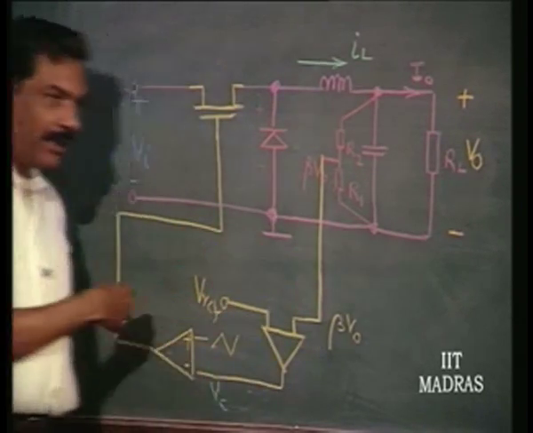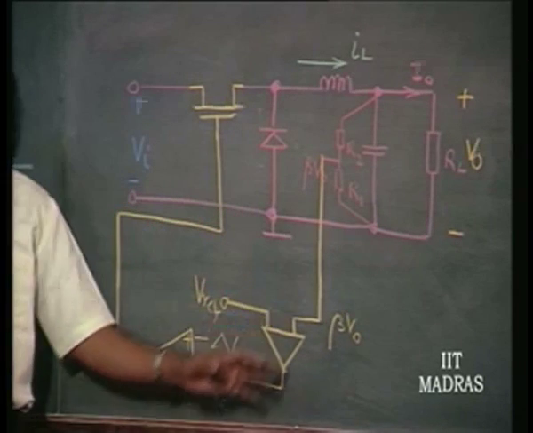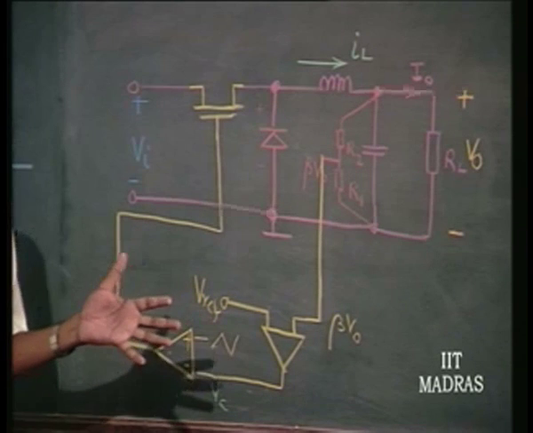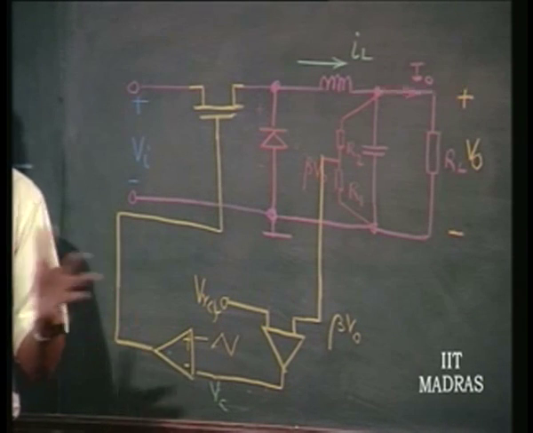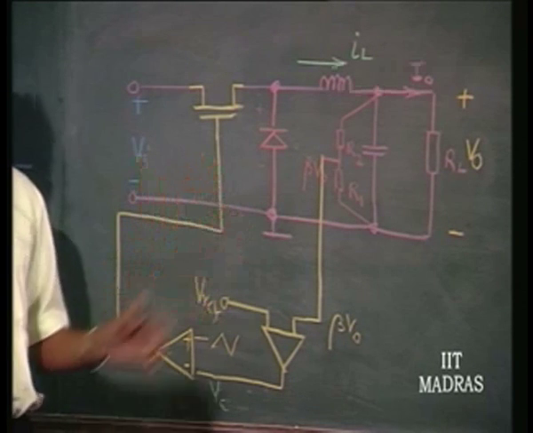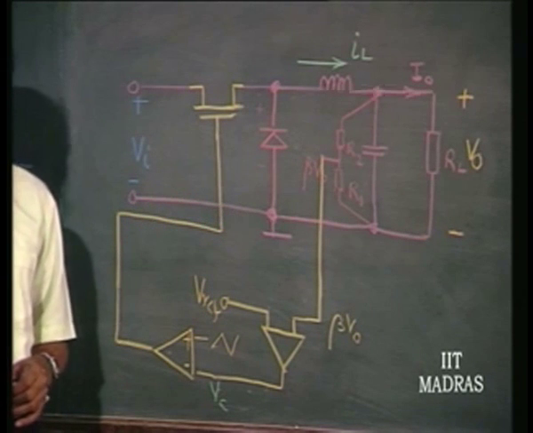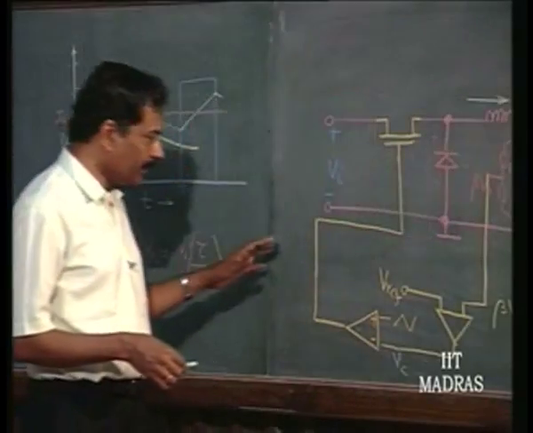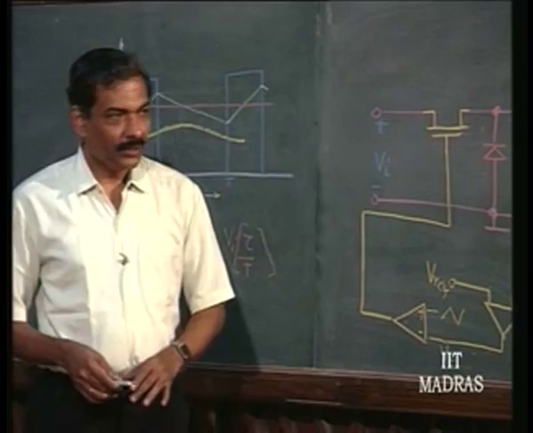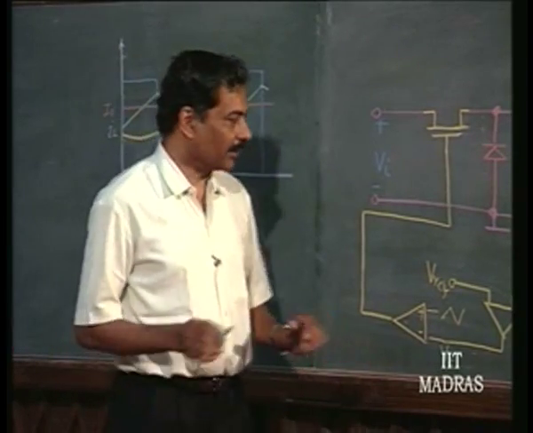So, you will get these pulse width modulator circuits themselves as ICs. The whole scheme will be available to you as a single chip IC, suitable for switched mode power supply application, including the voltage reference with zero temperature coefficient, etc.